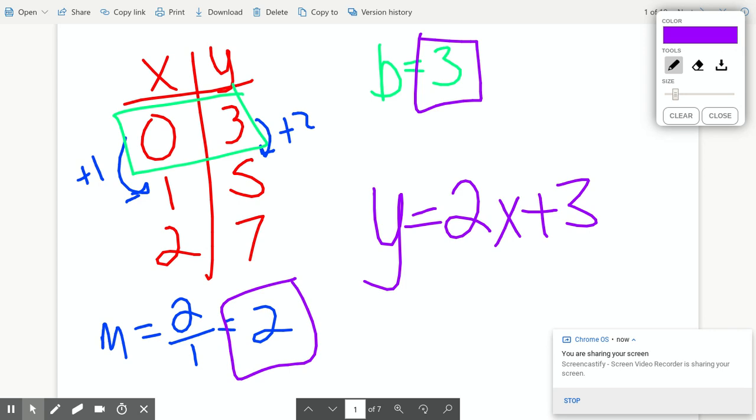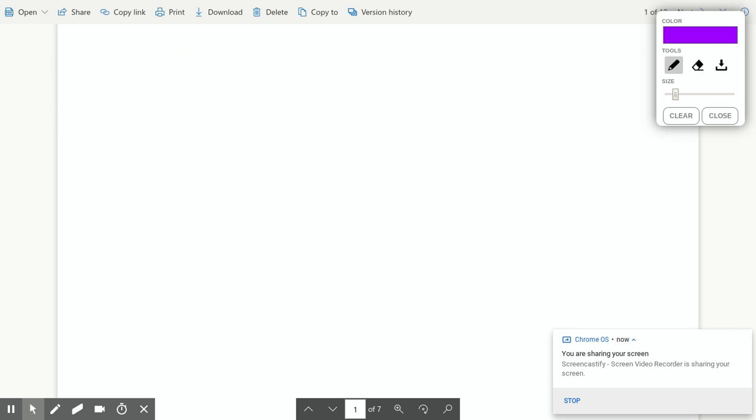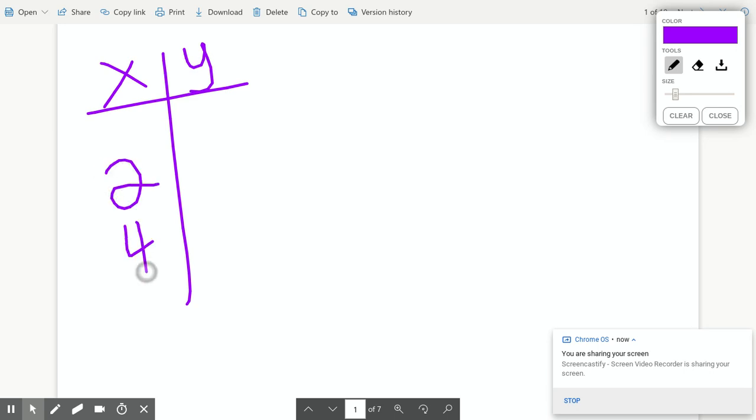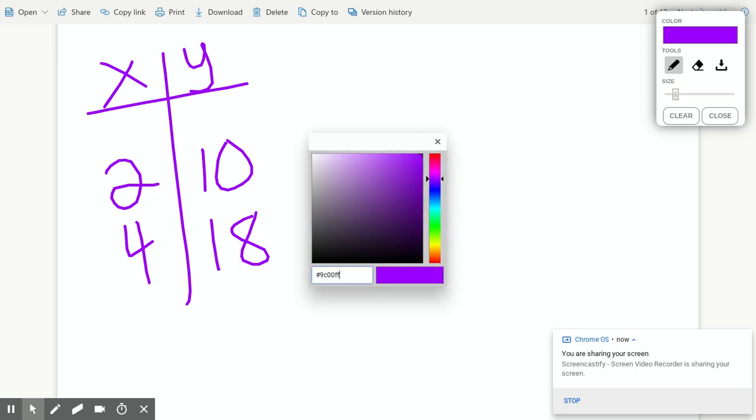So let's look at another table. Okay, so this table doesn't tell you what the y-intercept is exactly, but I still find my rise over run.